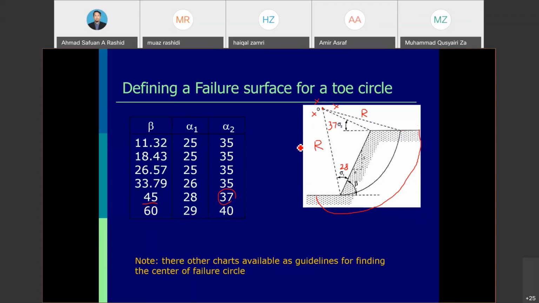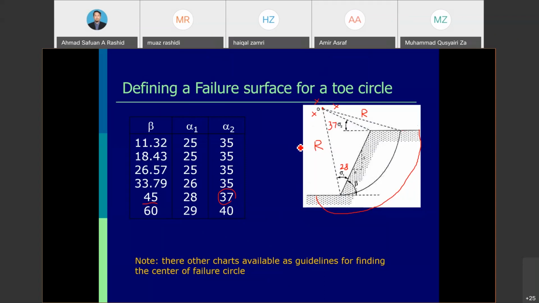Sorry, it's not the slip circle, it's the slices method. Under the slices method, we have two methods that are normally used, which are the Morgenstern-Price and also the Bishop.